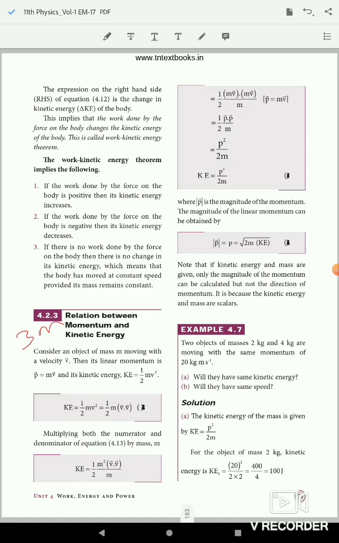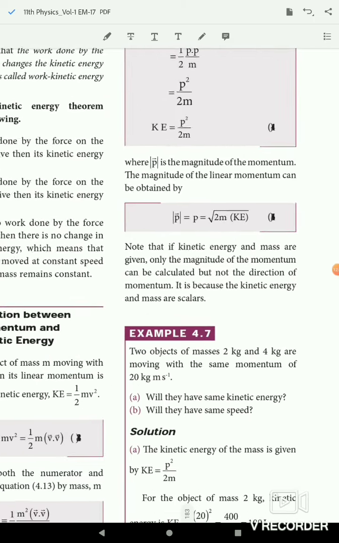So the magnitude of linear momentum can be obtained by the modulus of p vector, that is p, which is equal to root of 2m Ke. So if kinetic energy and mass are given, only the magnitude of momentum can be calculated, but not the direction of momentum. It is because kinetic energy and mass are scalars.